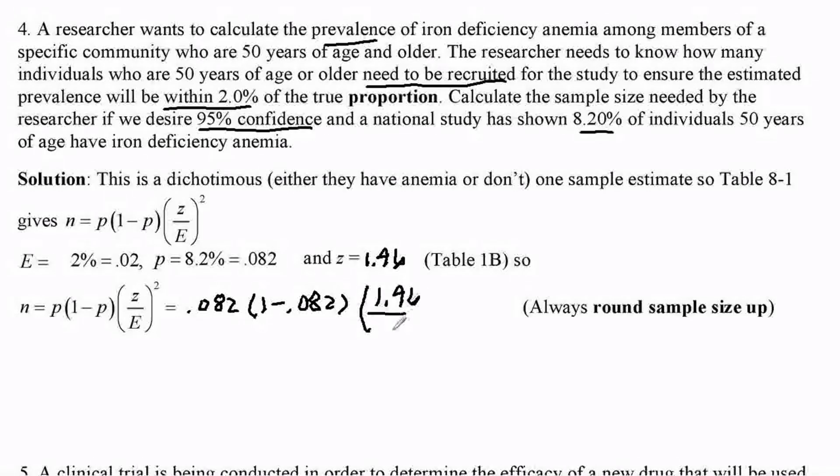That gets divided by our margin of error, which is the 0.02, and then we're going to square that guy. So when I did that calculation, I got 722.95 to 2 decimal places. And we always round up, so we're going to round that guy up to 723.